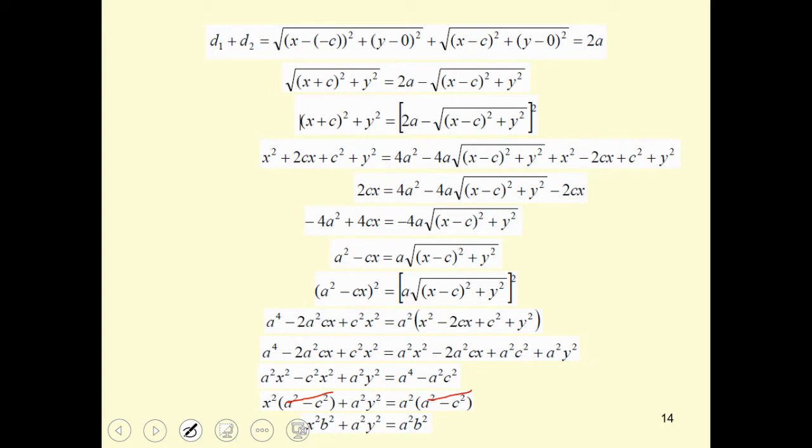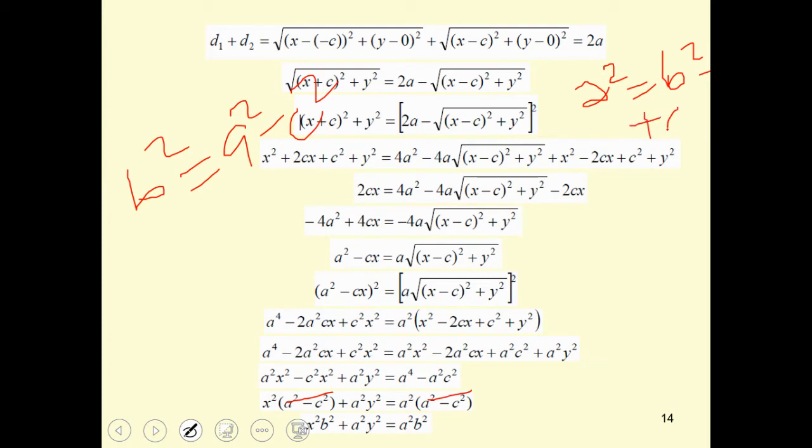Sorry, we did not cancel it out, but we know that b squared is equal to a squared minus c squared, right? a squared is equal to b squared plus c squared. That is the Pythagorean theorem. So b squared is equal to a squared minus c squared, so a squared minus c squared is equal to b squared.